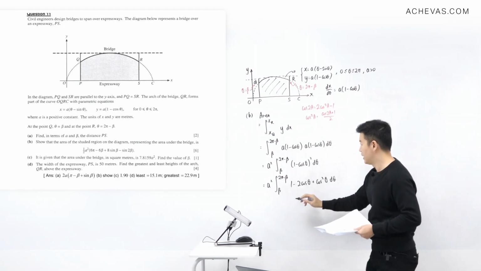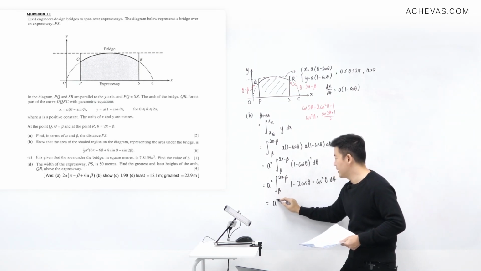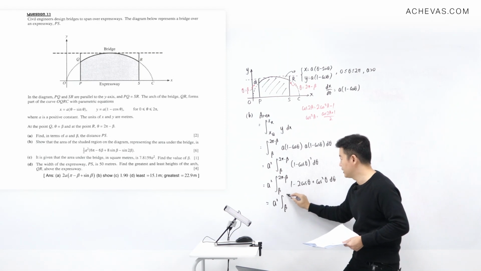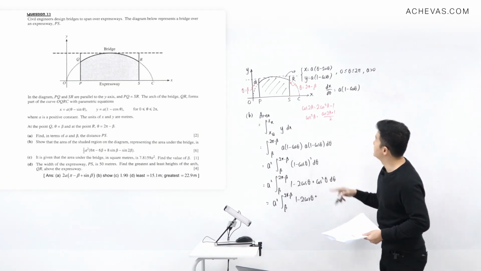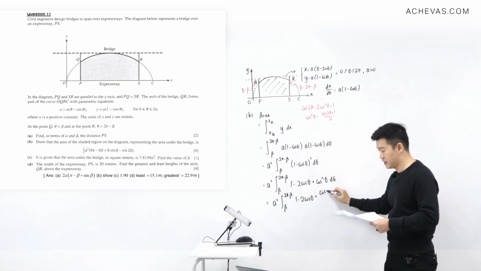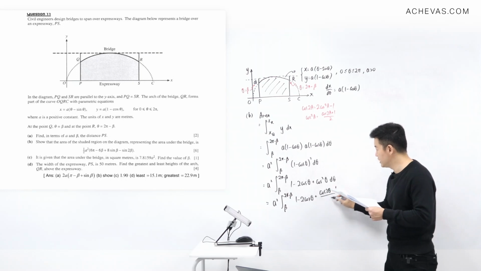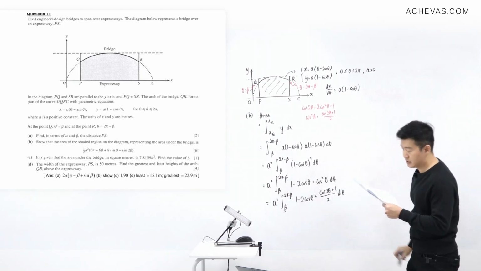So let me rewrite this. This will be a squared, integration from beta to 2 pi minus beta of 1 minus 2 cosine theta plus this, which I'm going to replace with (cosine 2 theta plus 1) divided by 2, d theta.